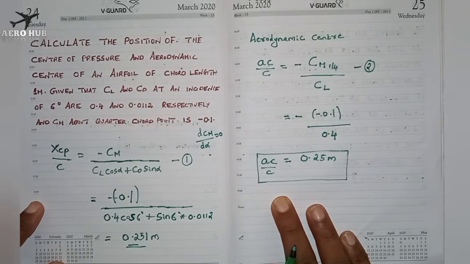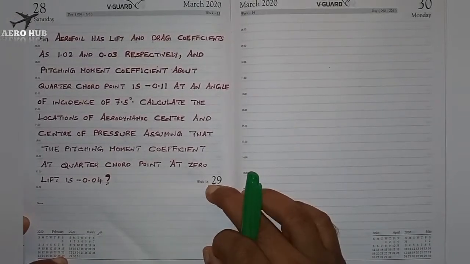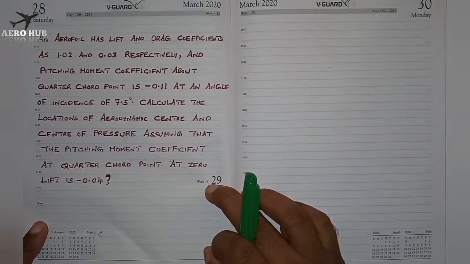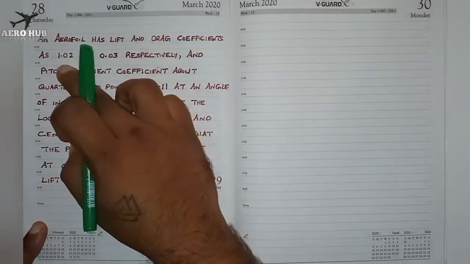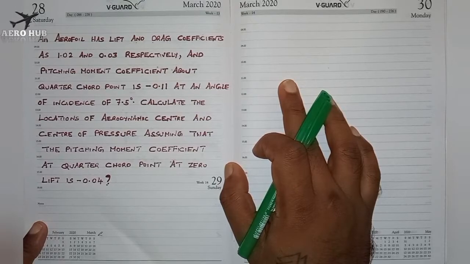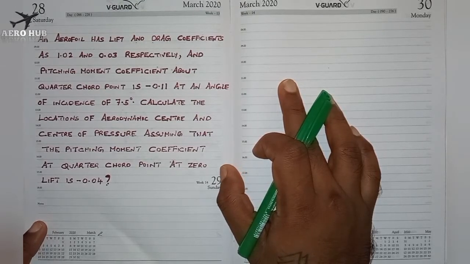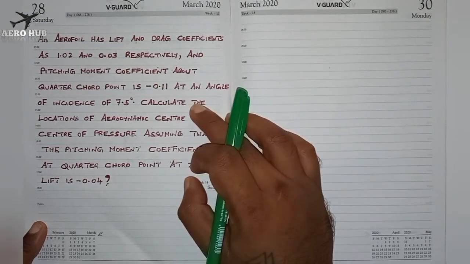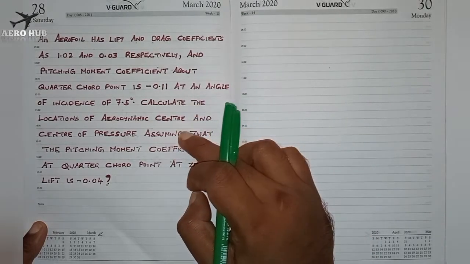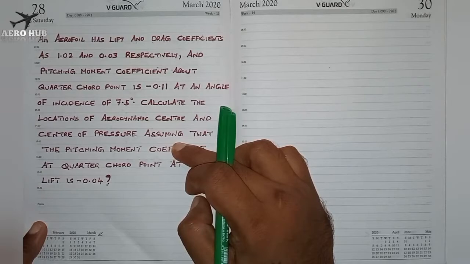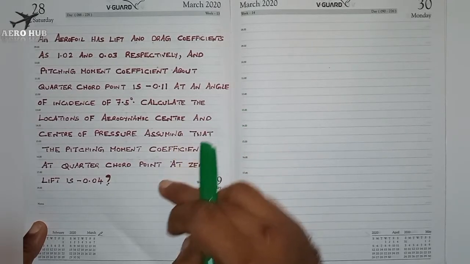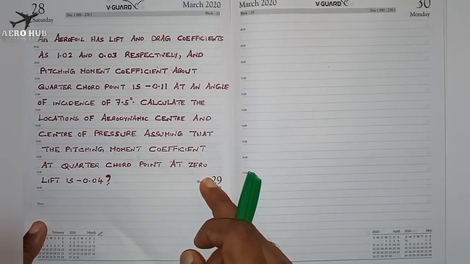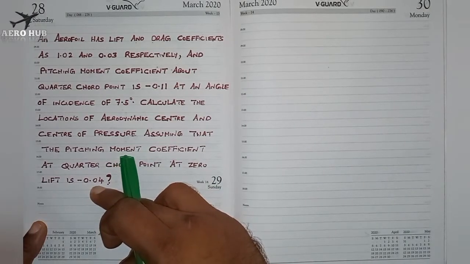Okay, our next question: an airfoil has a lift and drag coefficient of 1.02 and 0.03 respectively, and the pitching moment about the quarter point is minus 0.11 at an angle of incidence of 7.5 degrees. Calculate the location of aerodynamic center and center of pressure, assuming that the pitching moment at quarter point at zero lift is minus 0.04.